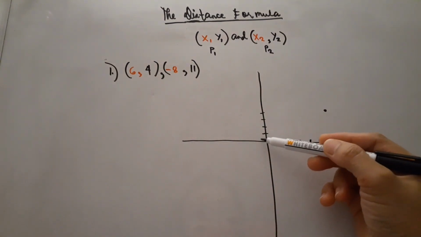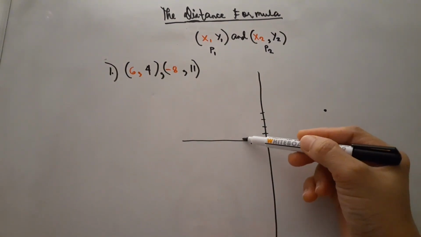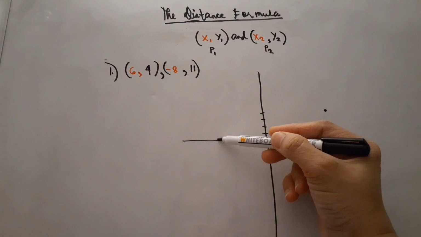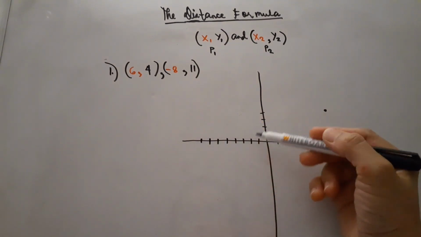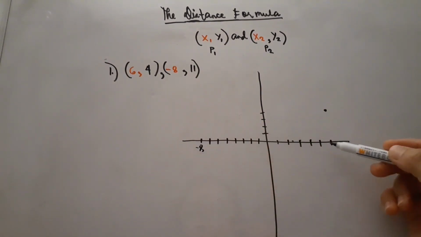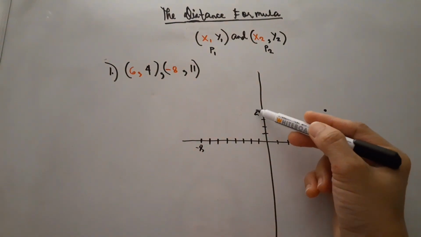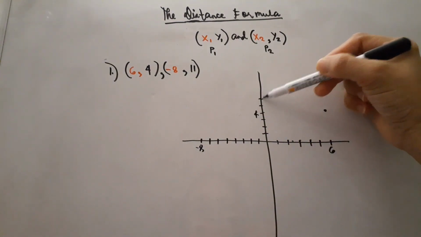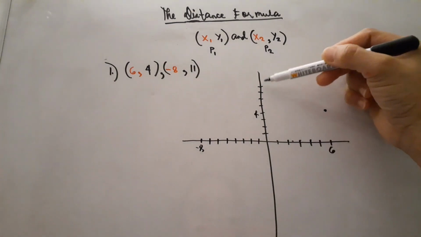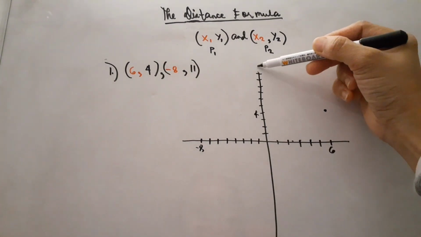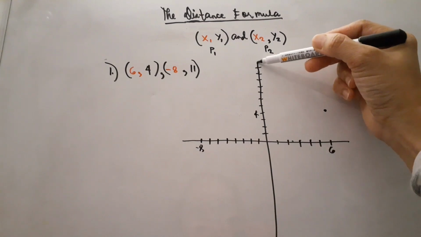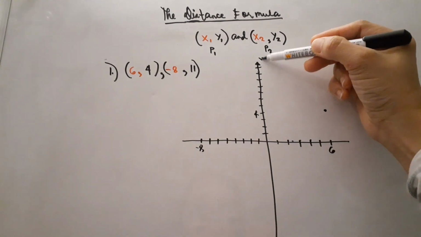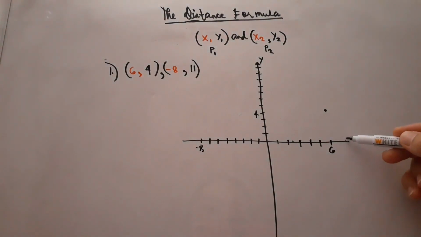In the horizontal line, here is the negative side, so we have negative 8. And then this one is 6 and 4 from the first point. We can have more lines here, so we have positive 11. Remember, it's the y-axis in the second point.